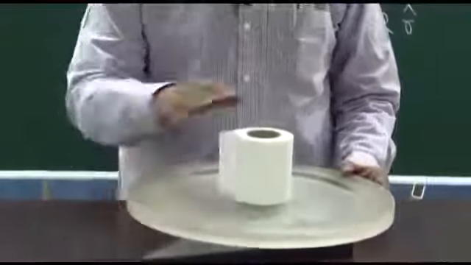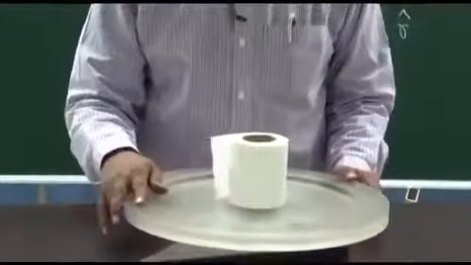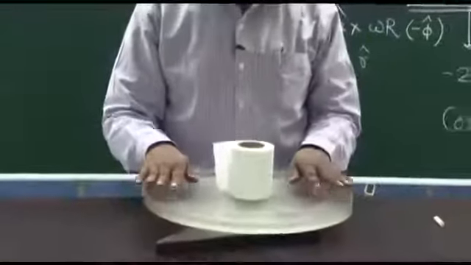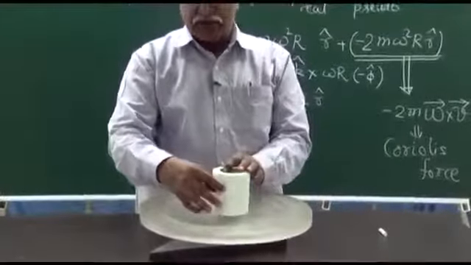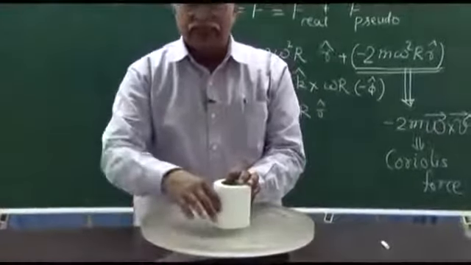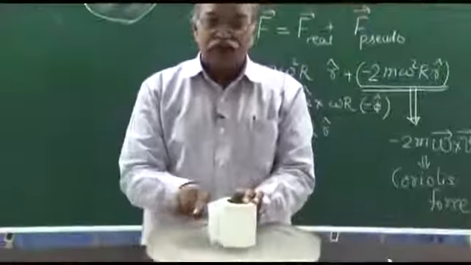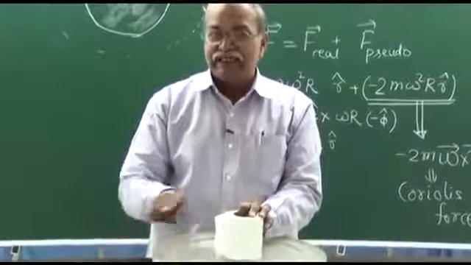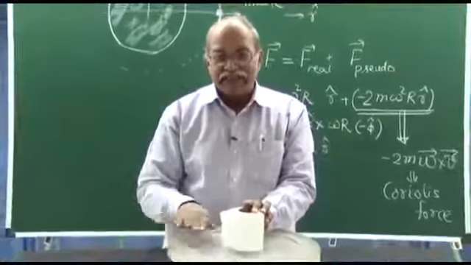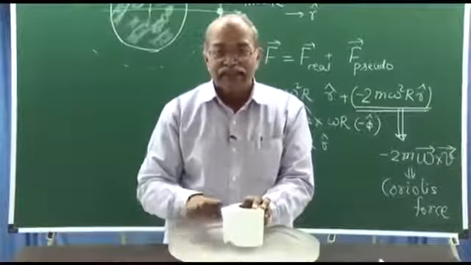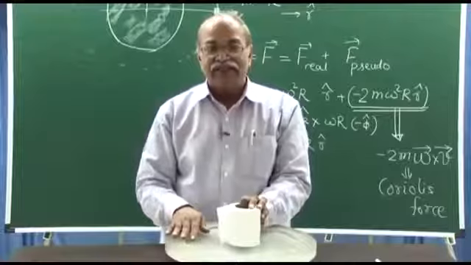As I am putting this on this rotating frame, if I work from this frame, because of the centrifugal force, it goes out radially a little bit. But once it goes out radially, it gets some speed, and there is velocity with respect to this disc in the radially outward direction.